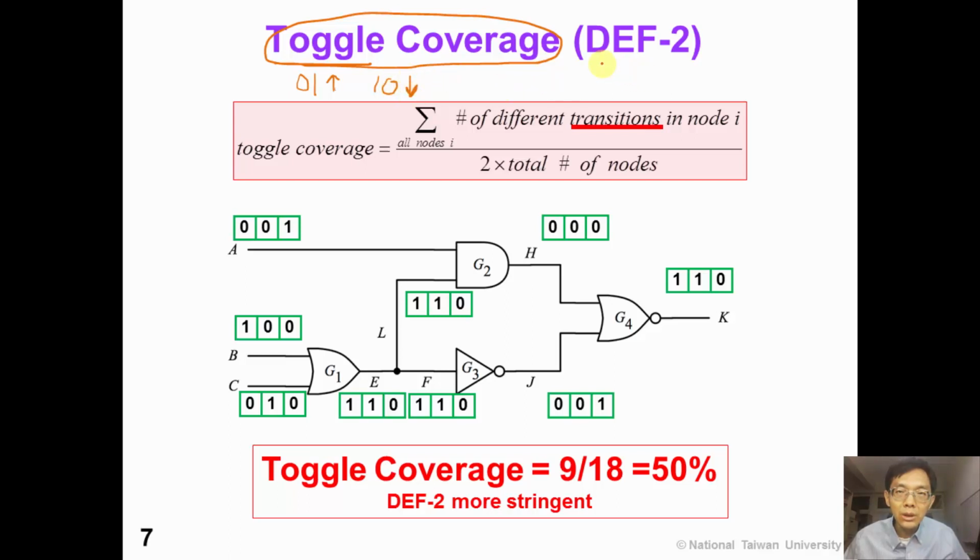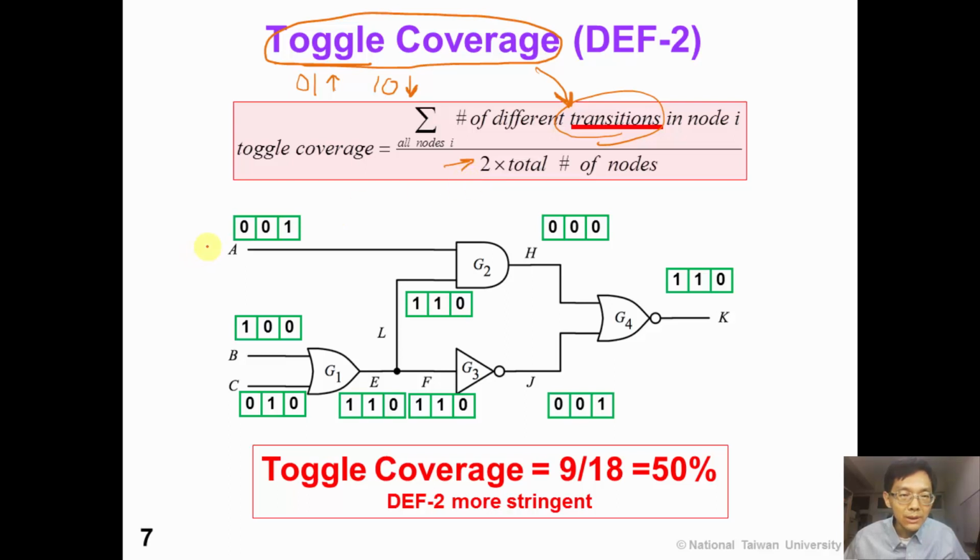By this definition, we would need to change the numerator a little bit. We need the total number of different transitions of every node in the circuit. The denominator is the same as our previous definition.